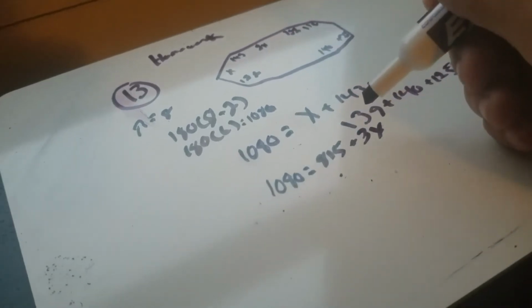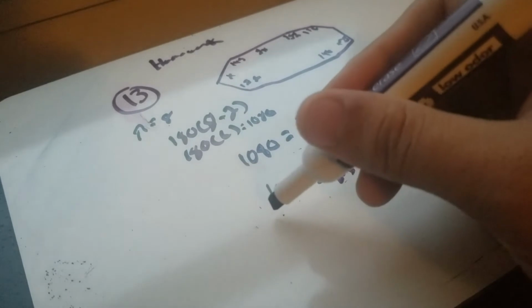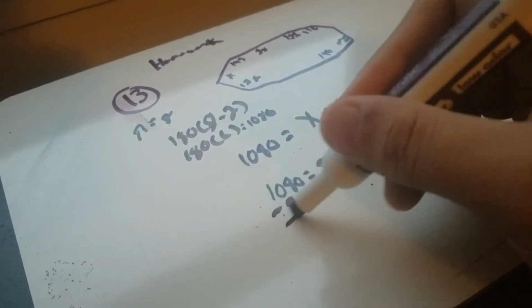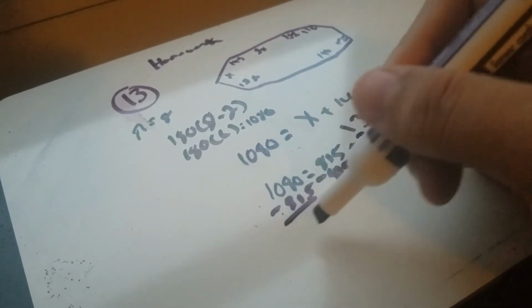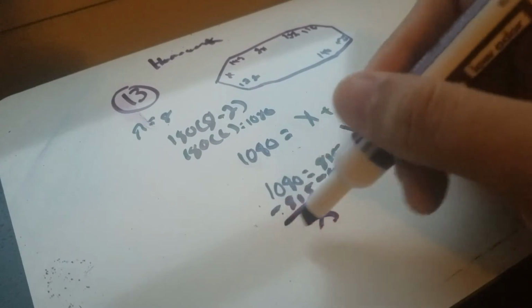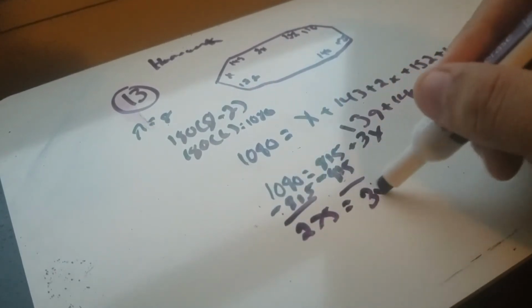Now I'm going to subtract the constant. Now it turns into an Algebra 1 question. So I'm going to subtract the constants. So that is 1080 minus 815, and this is 2x. So we have 265 equals 3x.